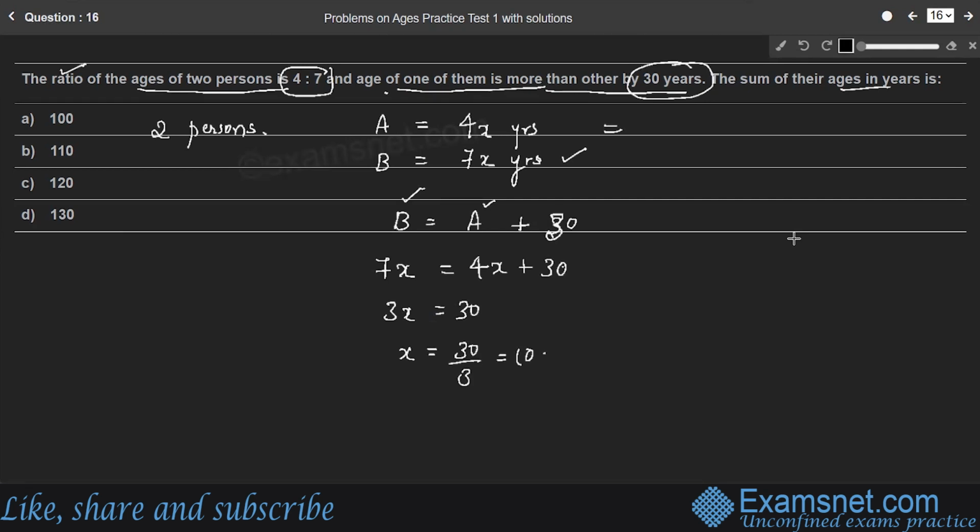Therefore, A's age, 4x, is 4 into 10, which is 40 years. A is 40 years old and B is 7 into 10, which is 70 years old. So we need the sum of their ages, right?